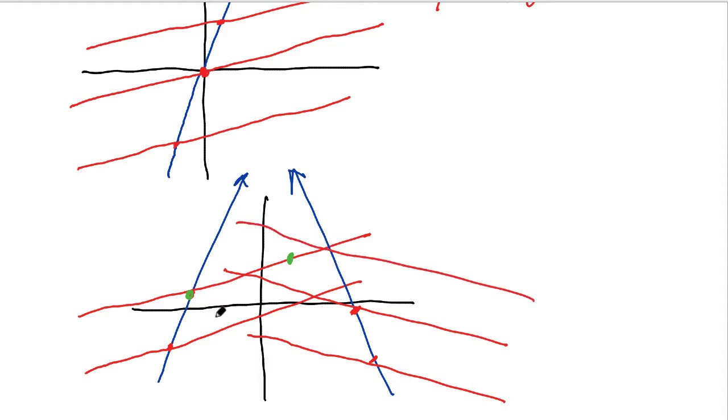The observer on the right would see these two green dot events as being at distinctly different times. And that's just what we know from special relativity, that the notion of simultaneity is relative. It depends on the observer.